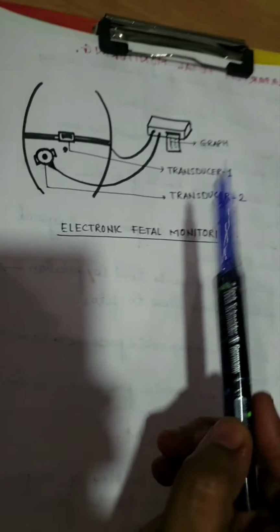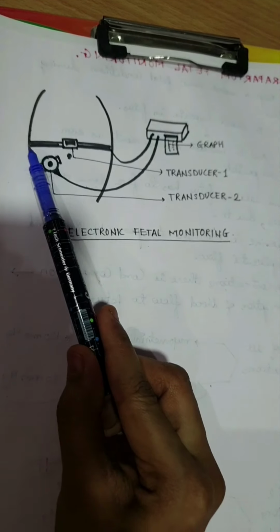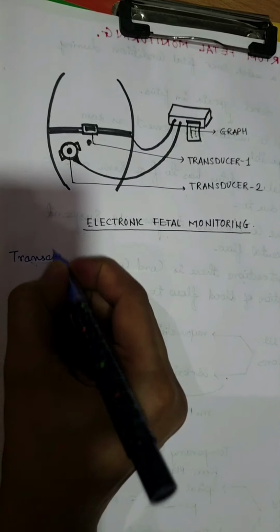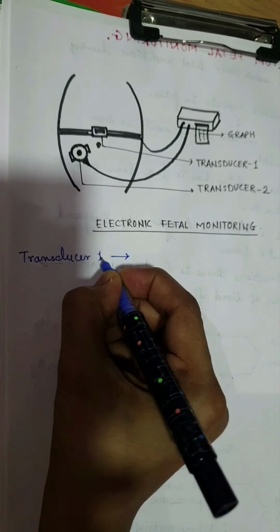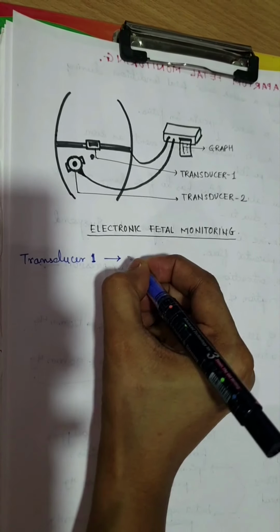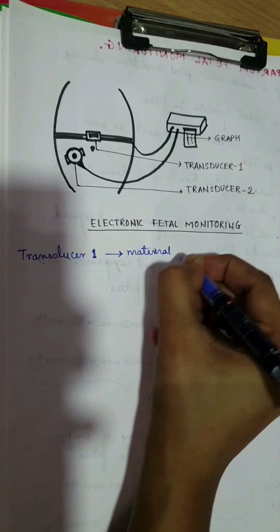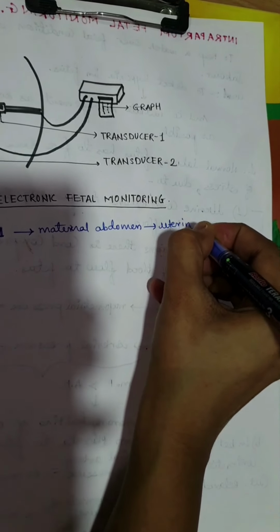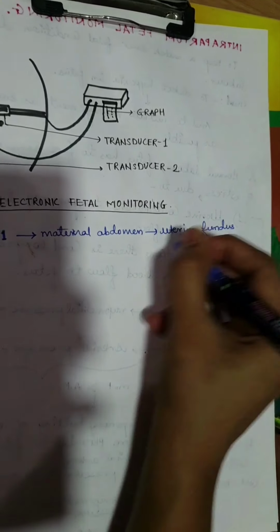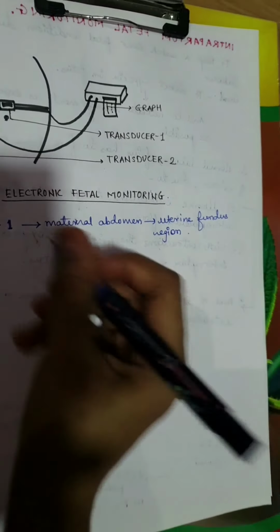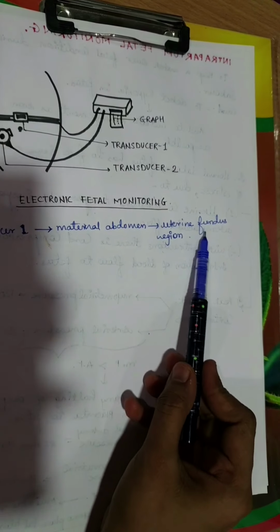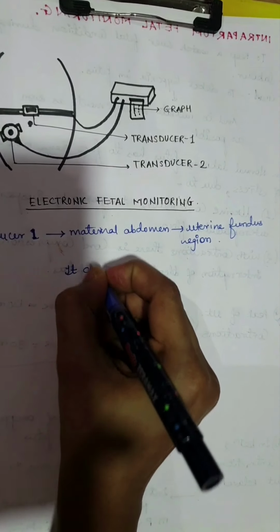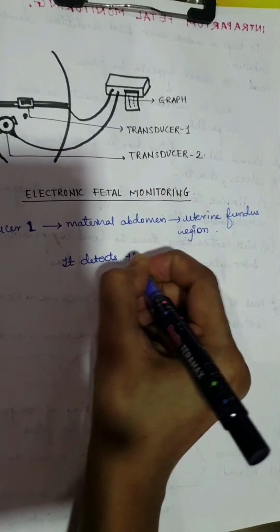Now there are two transducers; this is the first transducer, which I have named transducer 1. Transducer 1 has to be applied to the maternal abdomen, over the uterine fundus region. And what does this transducer 1 do? It detects the uterine contractions.